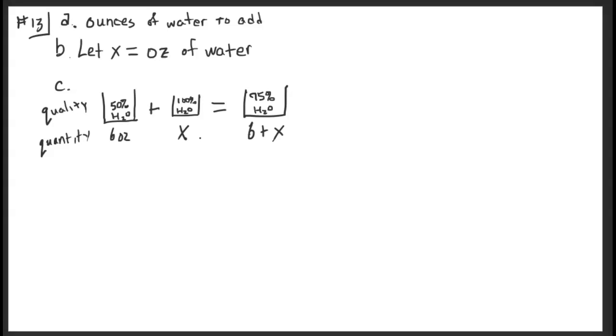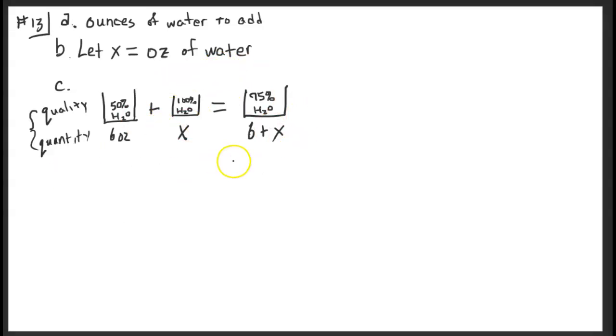The quantity was what we found of each. So those types of problems, coin problems, where you got a certain number of coins, some are nickels, some are dimes, right? The nickel has a quality of 5 cents, the dime has a quality of 10 cents, and then there's quantities of each. So thinking in terms of quality and quantity, at least in my mind, is a really helpful way to approach a lot of different problems.